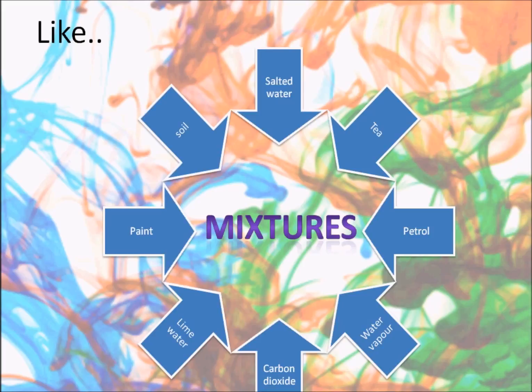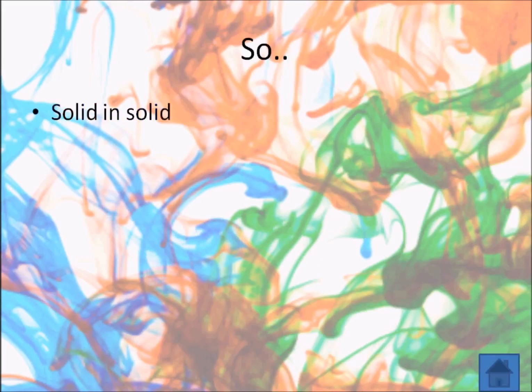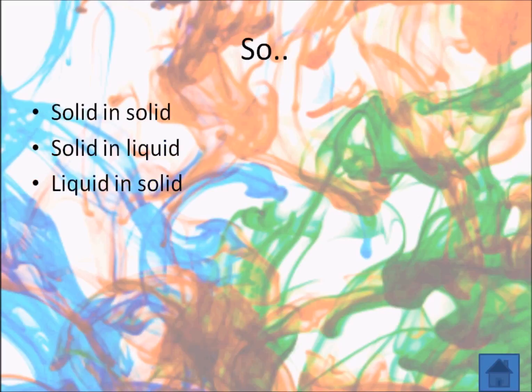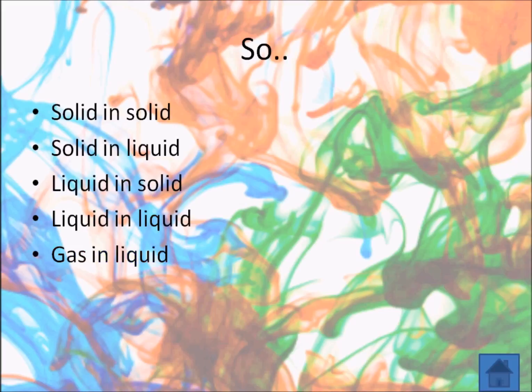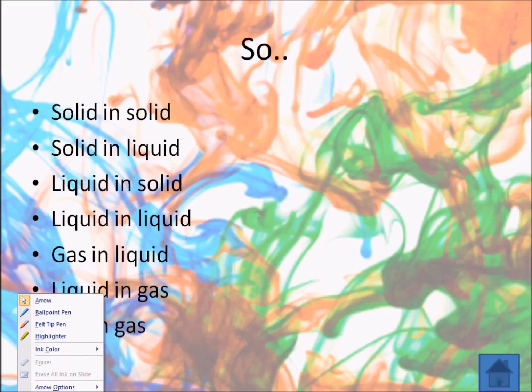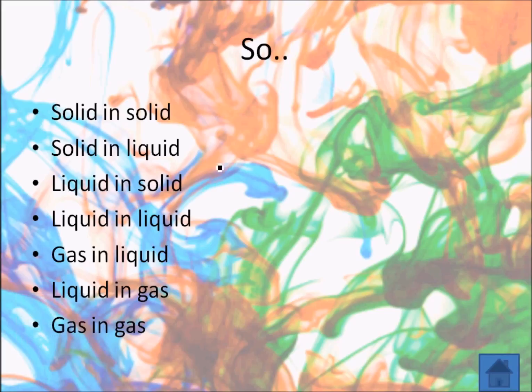So now we can simplify the mixture with respect to the physical state as solid in solid, solid in liquid, liquid in solid, liquid again in liquid, gas in a liquid, liquid in a gas, gas in a gas. So friends, here you have to note down that these are the two states.